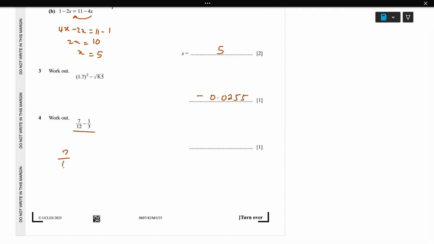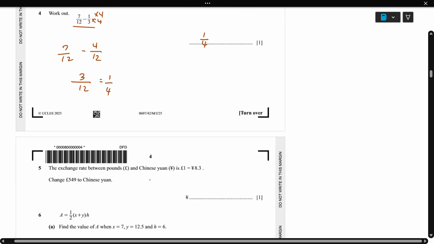So 7 by 12 minus this one multiplied by 12, which is 4, so minus 4 by 12. 7 minus 4 is 3 by 12, which is equal to 1/4. You can leave the answer as 1/4, or as a decimal, 0.25. Anything is fine.